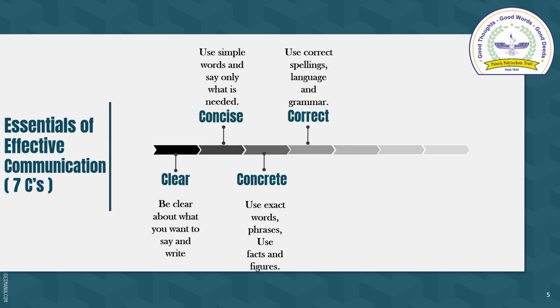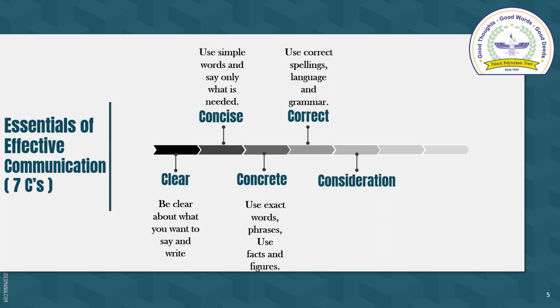In fact, what happens, if improper punctuations are used or improper spellings are used, the meaning and the soul of communication will get affected. So there should be correctness. Three things should be correct: spellings, language, and grammar.